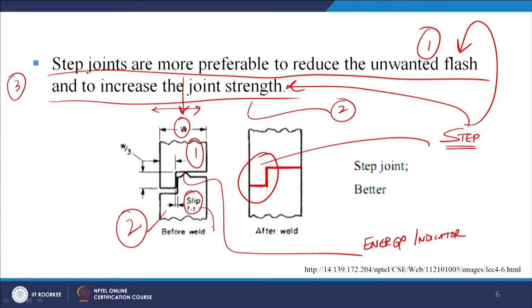Basically, guidelines are also given on what this W by 3 area must be, and then what the step size must be, which is also indicated. This is in terms of the W parameter, which is already known to us from the dimensions of the plastic part that we want to join.